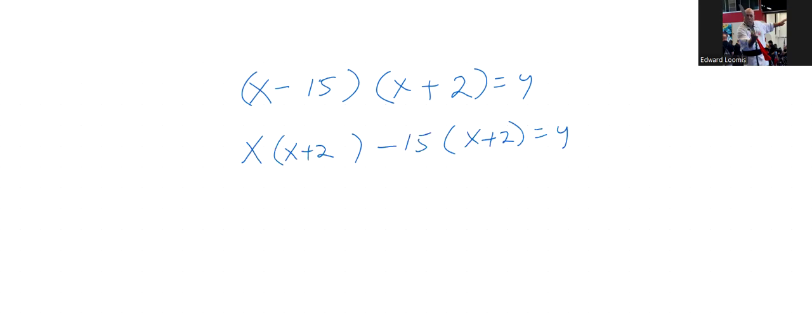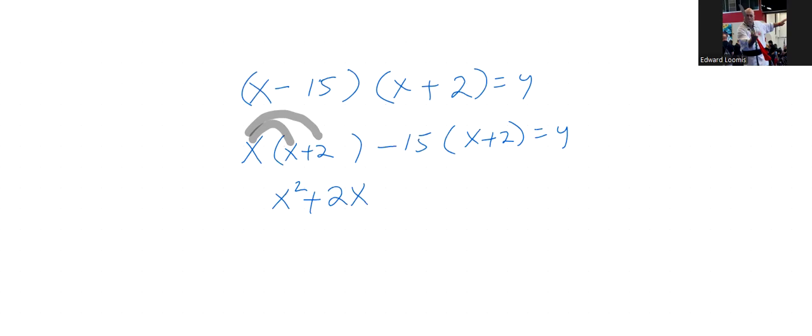At this point, all I need to do is distribute x times x, x times 2. x times x, well, that's going to give me my x squared. x times 2, 2x, positive times positive makes that 2x positive.